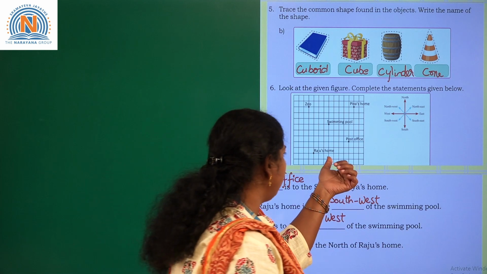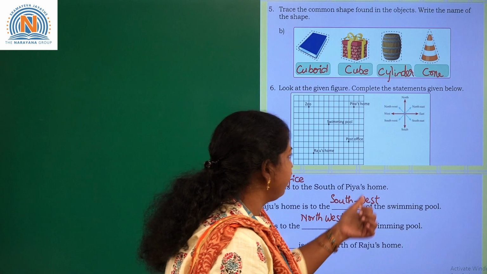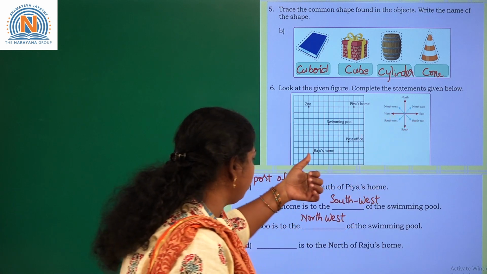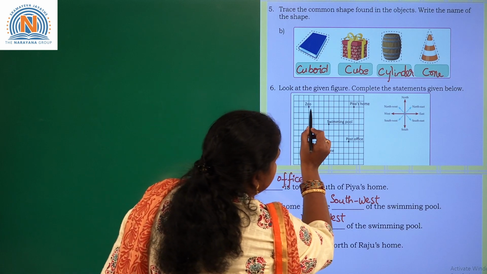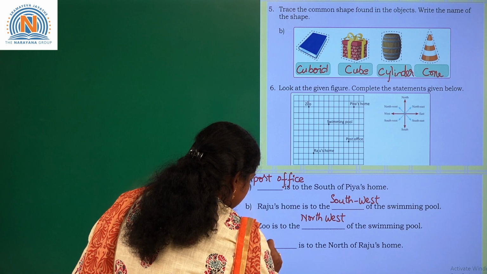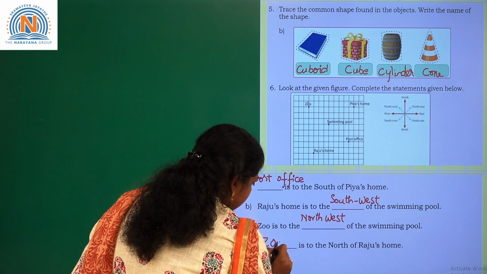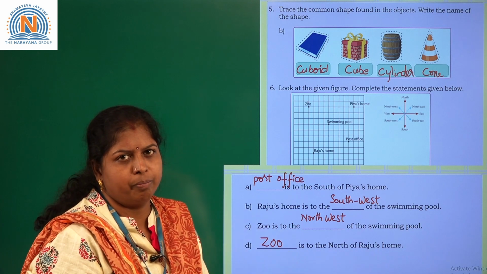Where is Raju's home located on the map? Here, right? Dash is to the north side. What is north side to Raju's home? This is north side. And what is there in the north side? That is Jew. So, Jew is to the north of Raju's home.